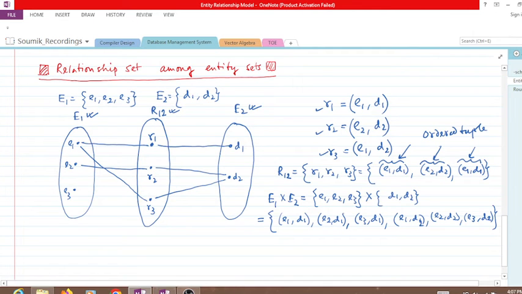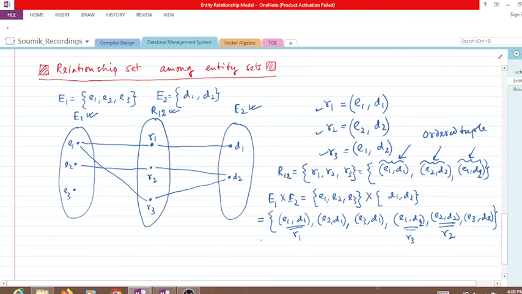Now we can see that this E1, D1 corresponds to R1, E2, D2 corresponds to R2, and E1, D2, that is this one, corresponds to R3.